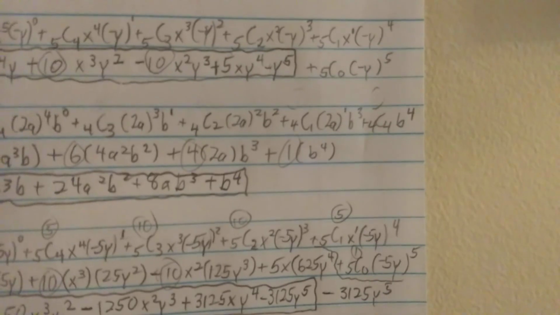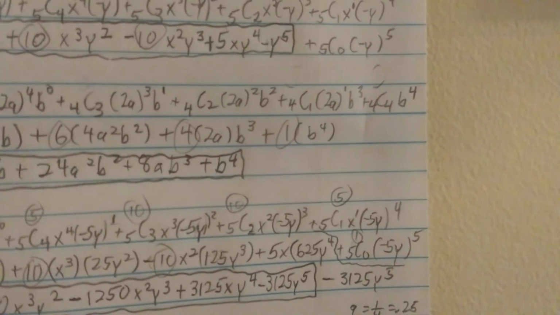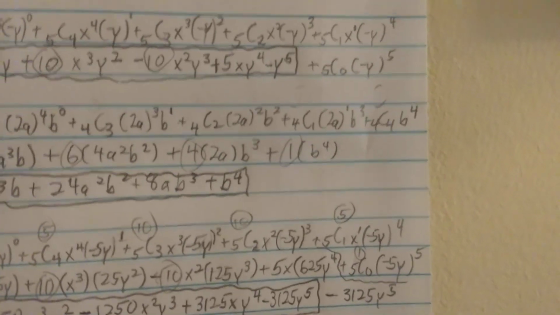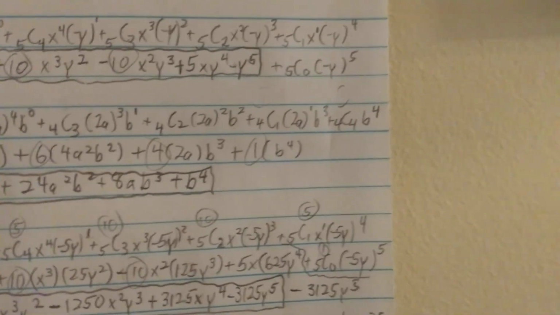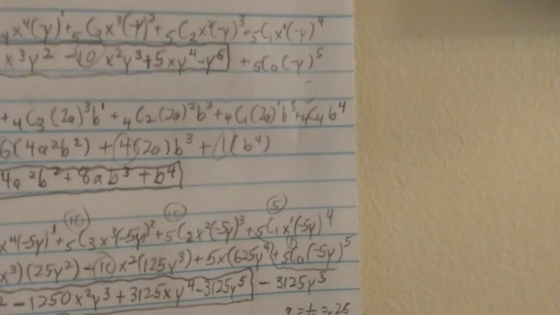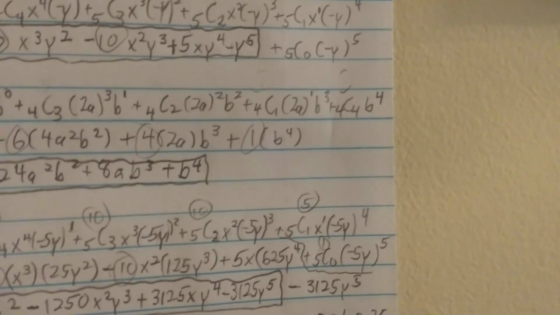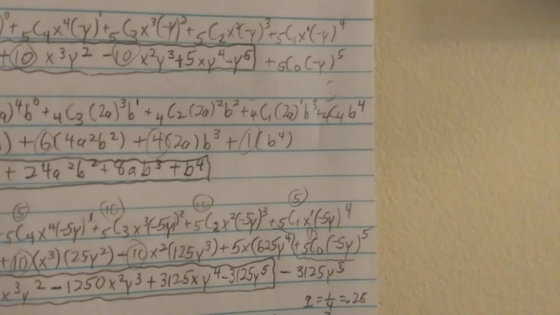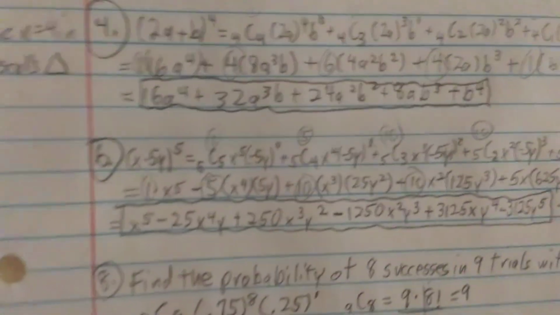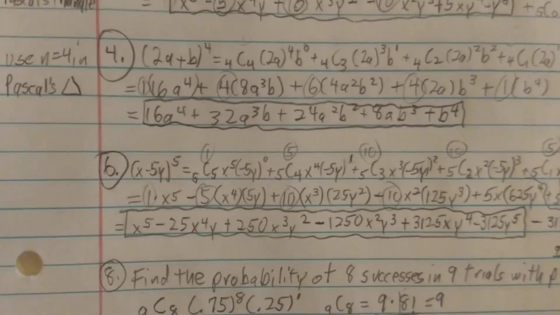For the fourth term, 10 x to the third, negative y to the third comes out as a negative in front of 10 x squared y cubed. The fifth term is 5 x to the 1, negative y to the fourth, which is positive, so plus 5xy to the fourth, minus y to the fifth. So that's 2.